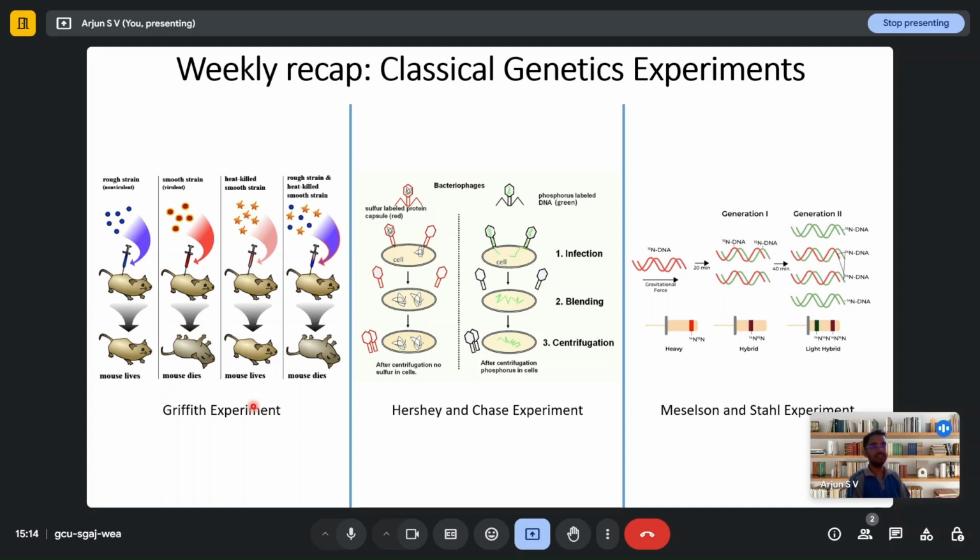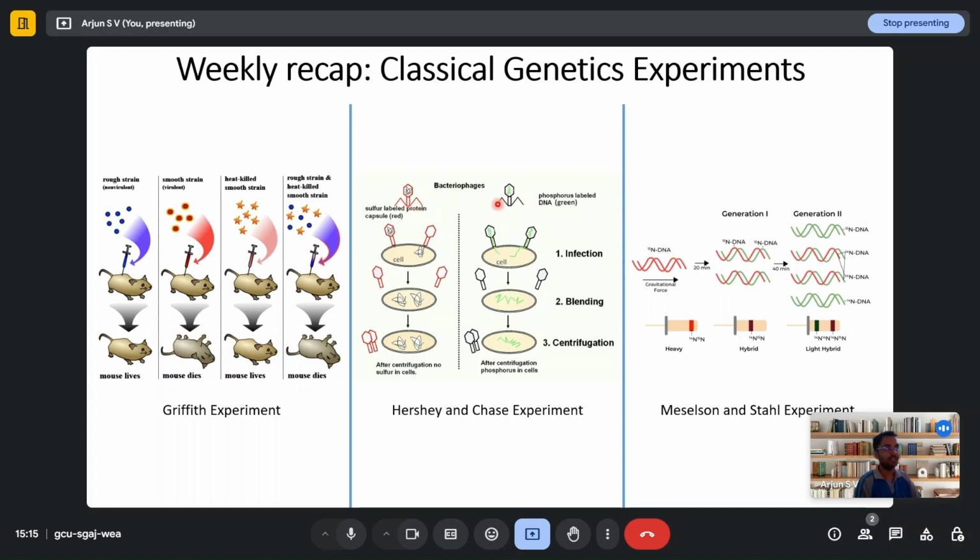So Griffith concluded that some sort of genetic information is being passed on to the next generation, which aids in the replication of that genetic material. But they were still confused about what kind of genetic material it could be, whether DNA or protein. So after that, Hershey and Chase conducted an experiment using bacteriophages with two conditions: they labeled the phosphorus present in the DNA, and in the other case they labeled the methionine present in the proteins.